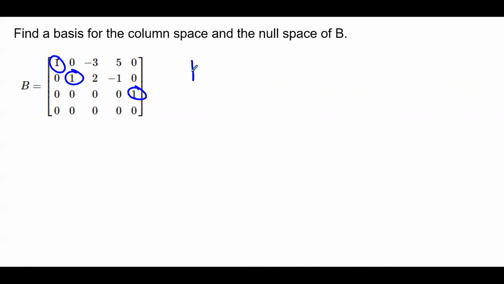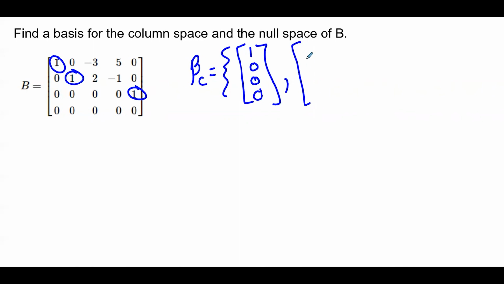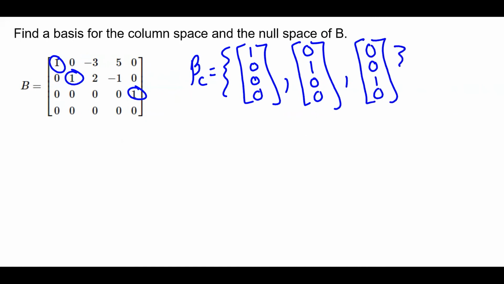So my basis for the column space is just these three. And then for the null space, I've got to solve the equation Bx equals 0. So I'm looking for the solutions to this equation.